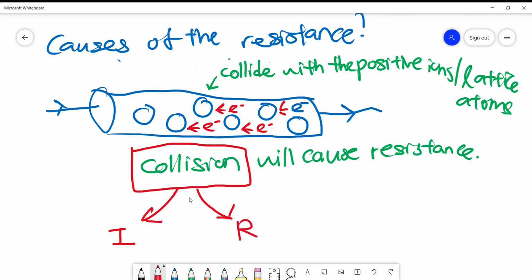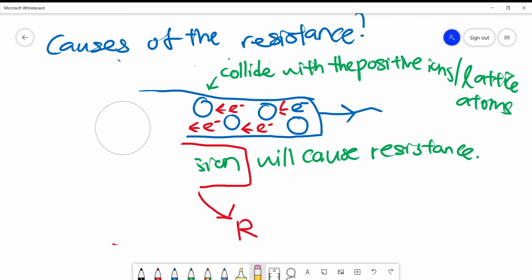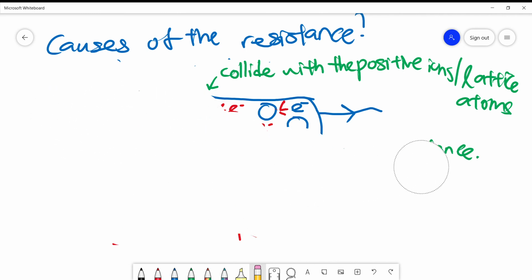So this is the relation between the electric current and the resistance. The electric current and the resistance basically come from the collision of the free electrons with the positive ions and the lattice atoms. This is the brief explanation. Let me write it down as a full sentence.